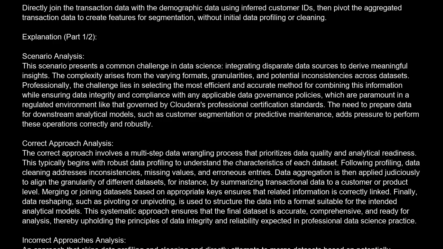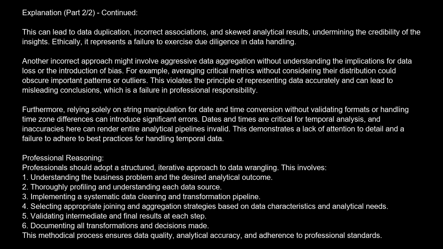Incorrect approaches analysis. An approach that skips data profiling and cleaning and directly attempts to merge datasets based on potentially ambiguous keys is professionally unacceptable. This can lead to data duplication, incorrect associations, and skewed analytical results, undermining the credibility of the insights. Ethically, it represents a failure to exercise due diligence in data handling.